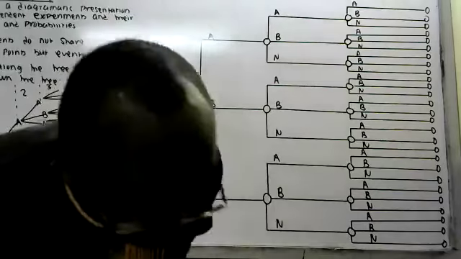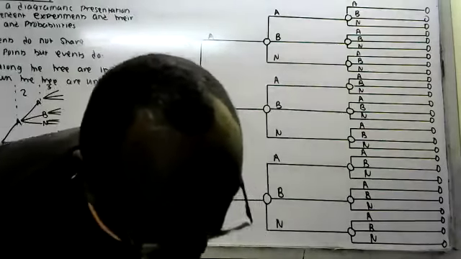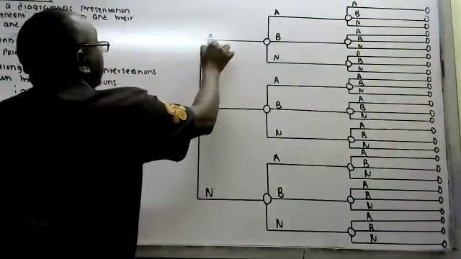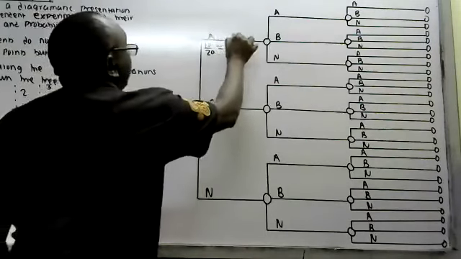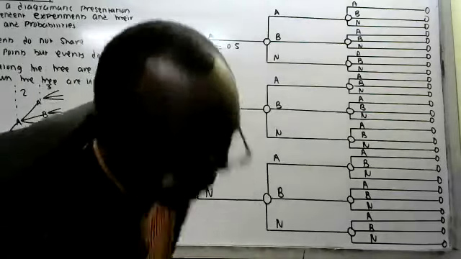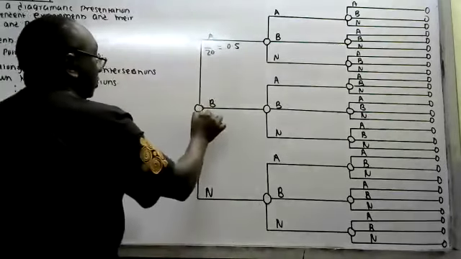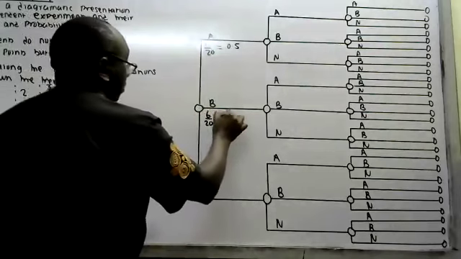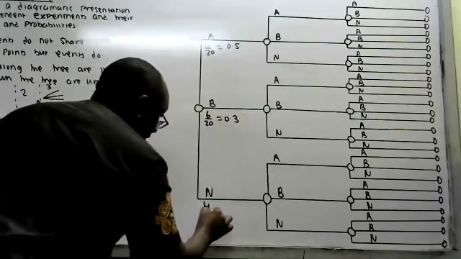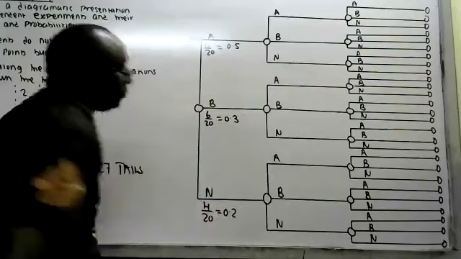Then these probabilities: we are told 10 were awarded to A, so 10 out of 20, that is 0.5. 6 were awarded to B, so 6 out of 20, that is 0.3. And 4 out of 20, that is 0.2.